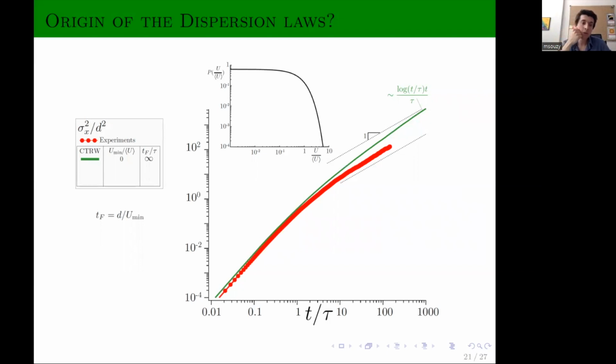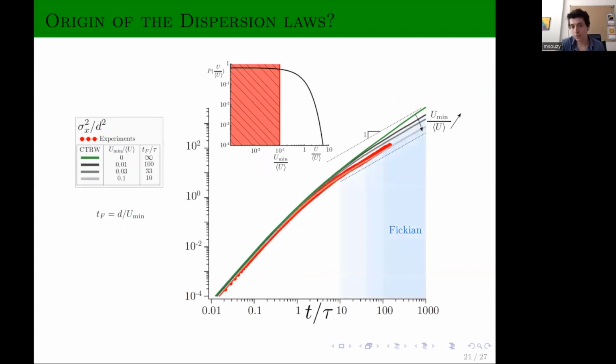So if we do a continuous time random walk using a velocity distribution that is flat at low velocity, we get the green line here, which goes like t log t for a large time, as predicted by Berkowitz. Now, if we do the same thing, but use a minimum cutoff velocity such that all this area of the velocity distribution is prohibited, then we see that eventually the regime tends to a Fickian dispersion process, and the higher the minimum cutoff velocity, the faster we tend to this Fickian regime.